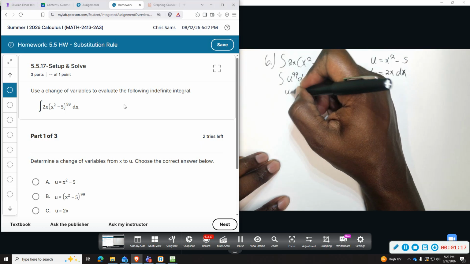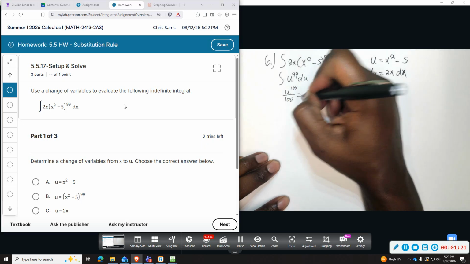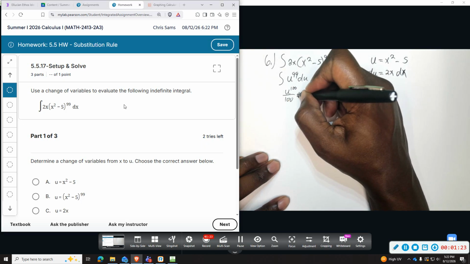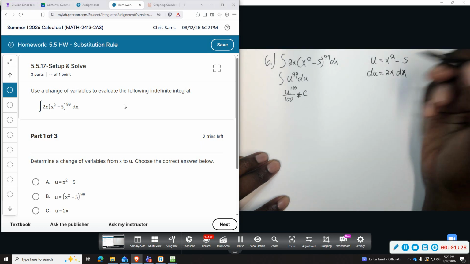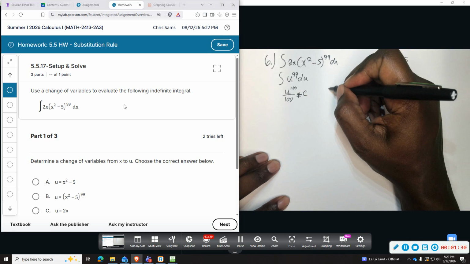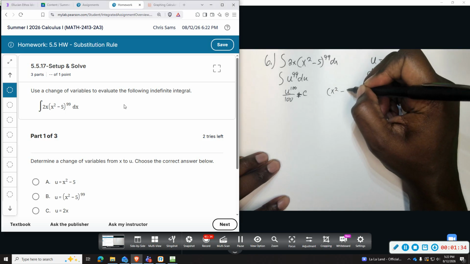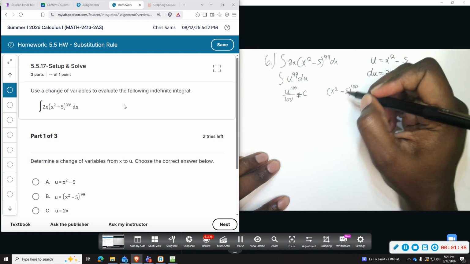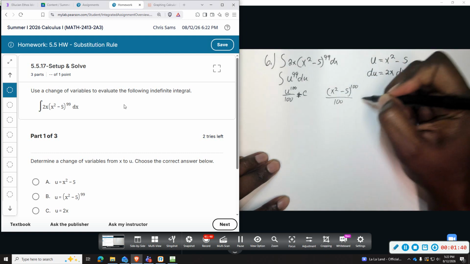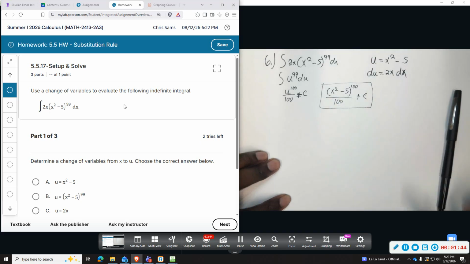So we have u to the 100th power divided by 100 plus c, that would be our integral. And then we can replace u with x squared minus 5 raised to the 100th power divided by 100 plus c. That would be our integral.